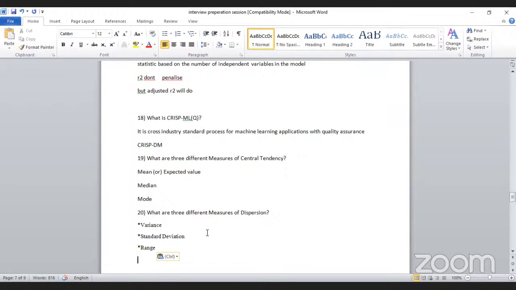The three different measures of dispersion are variance, standard deviation, and range.